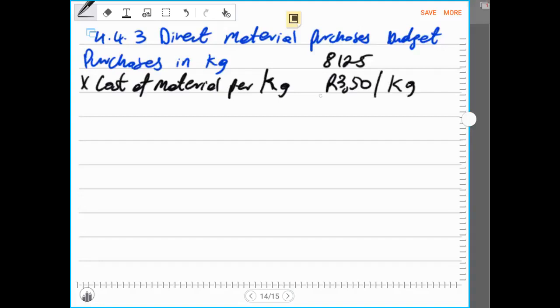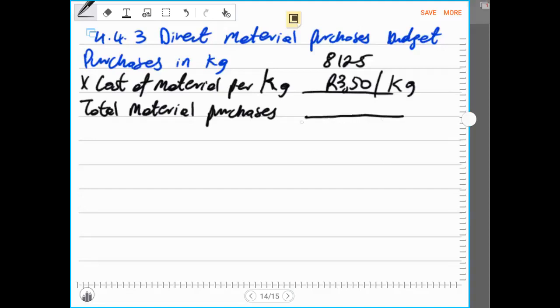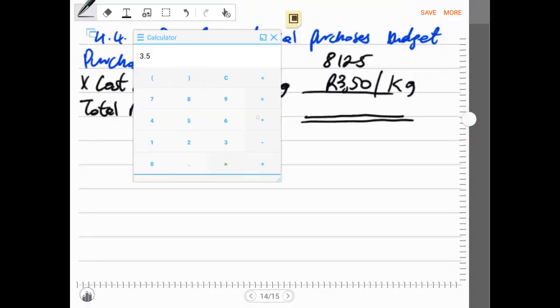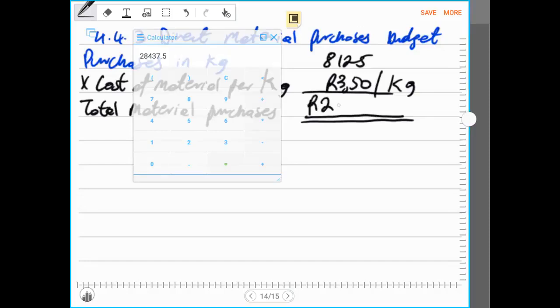This will give us the total material cost, or the total material purchases, which is the cost that we expect to incur in terms of buying material, times 8,125, and this will be 28,437 rand 50 cents.